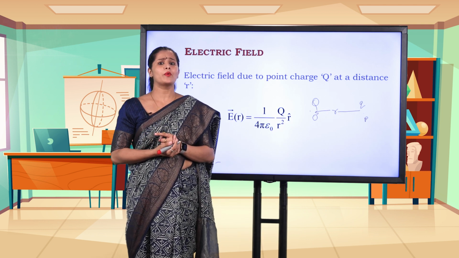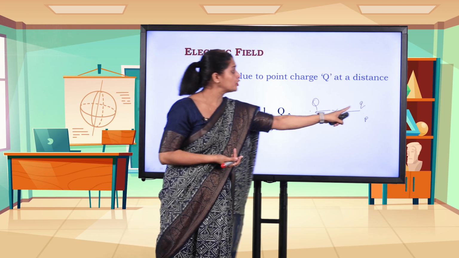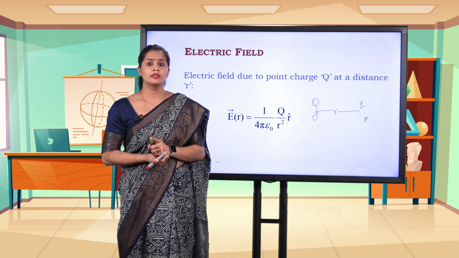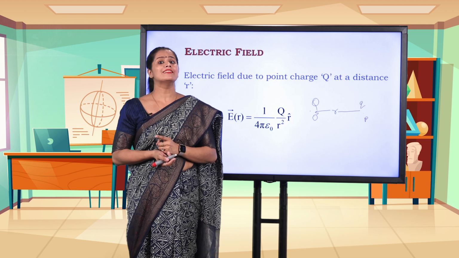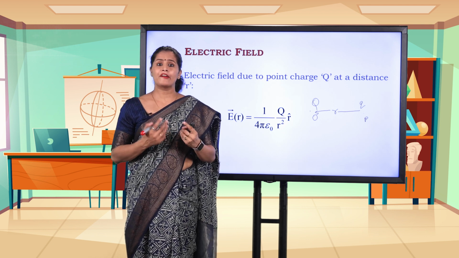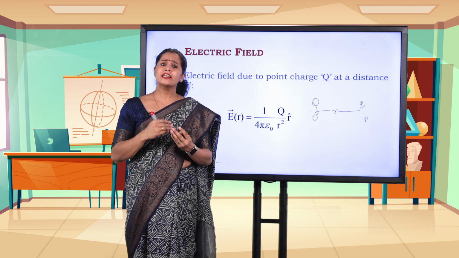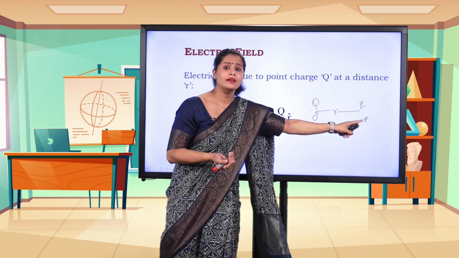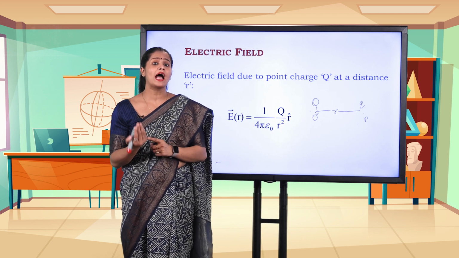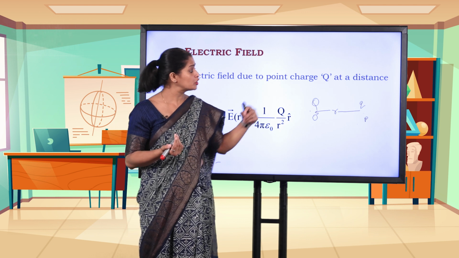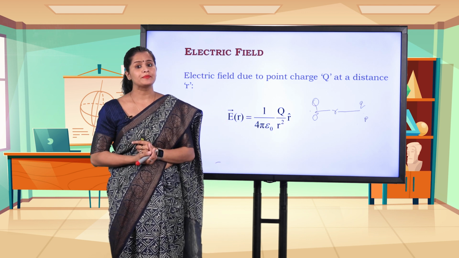We may ask the question, if charge q is removed, then what is left in the surrounding? Is there nothing? If there is nothing at point P, then how does a force act when we place the charge q at this point P?